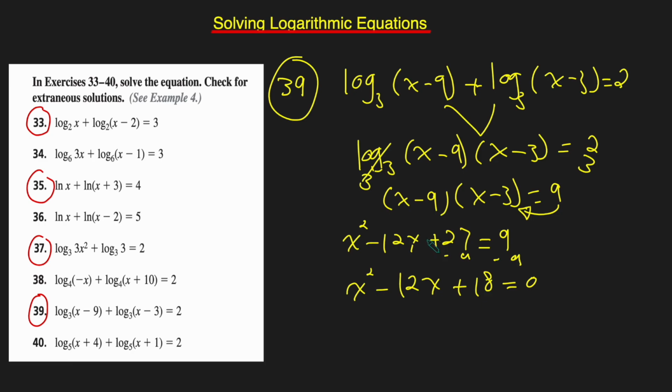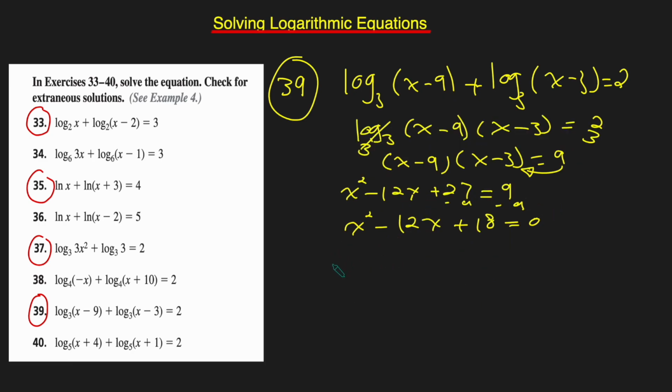I'm going to go ahead and complete the square. So if I complete the square, I'm going to get x squared minus 12x plus 36. And my 18 goes to the other side, so it's going to be a negative 18. And I'm going to add 6 squared, which is the 36, to it. So that's going to give me 18 positive, and that's going to be x minus 6 squared.